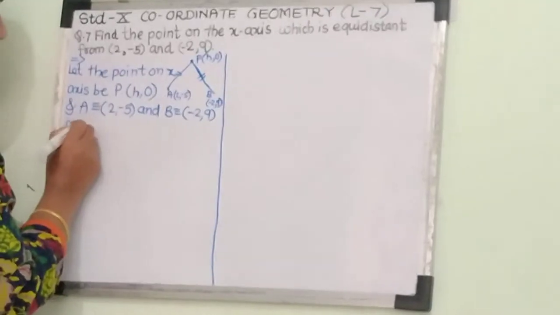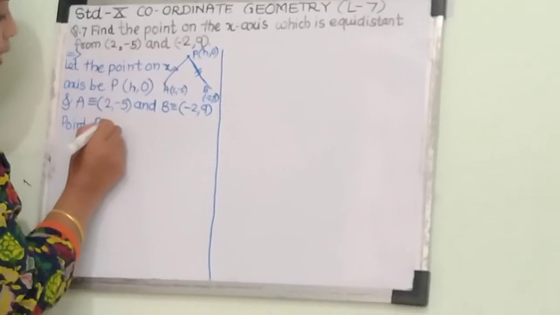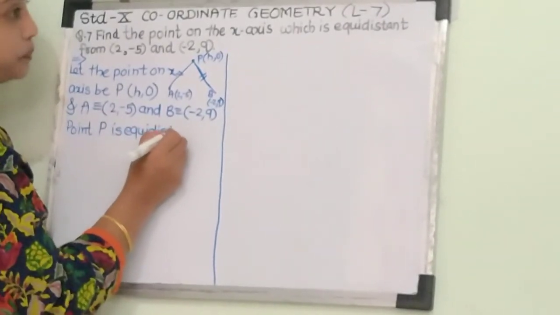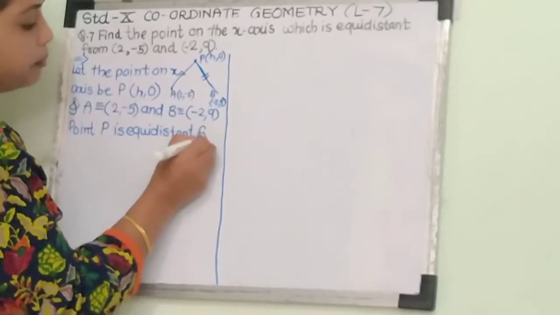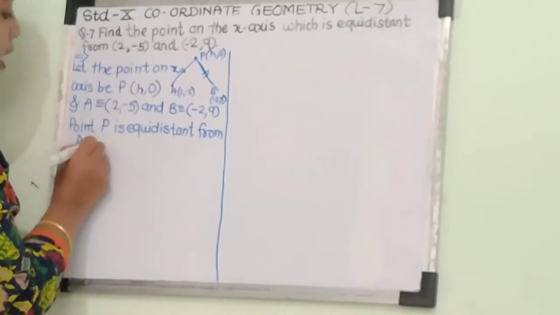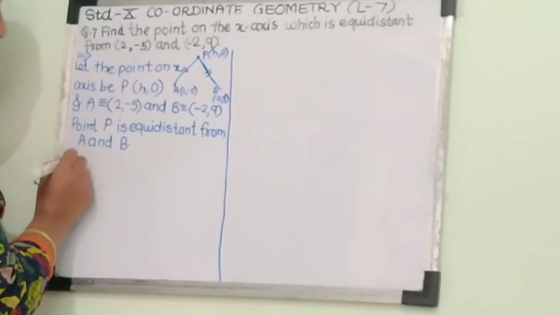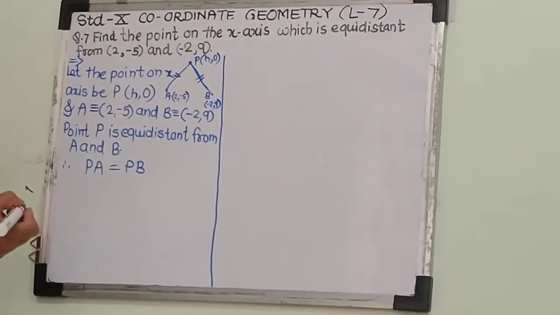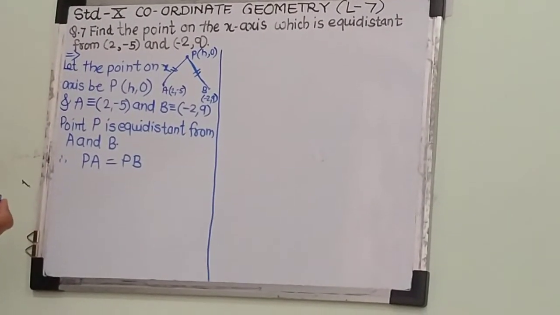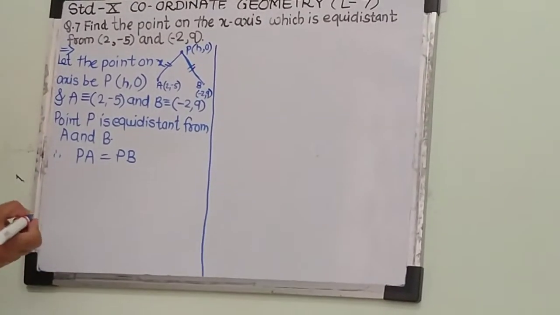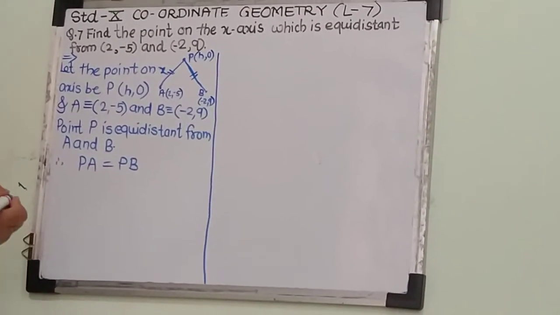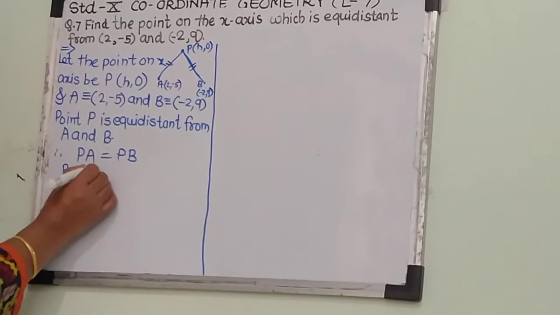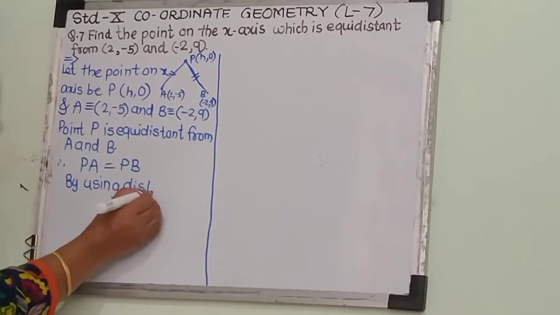Point P is equidistant from A and B. So we can write PA equals PB. Okay. So first I am going to find out PA and PB, using the distance formula.